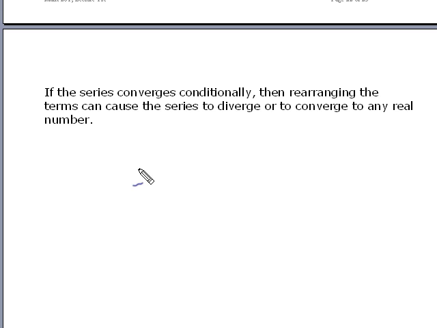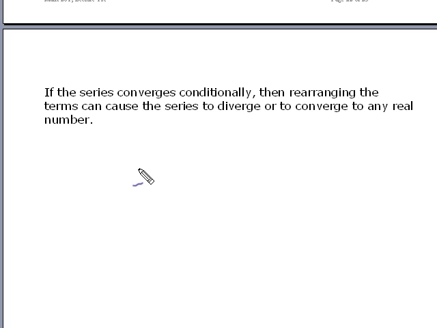If you want it to converge to 60, first you place enough terms initially so that you get just a little bit over 60, then you put a term or two so you bring it down below 60, and you can alternate like that, converging to 60.